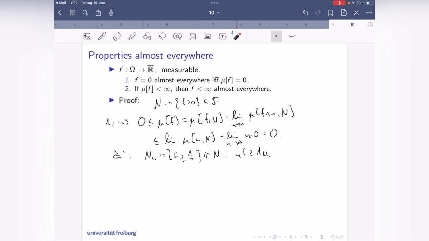And now I can write, well, I do know that mu integrated against f is 0. I know this by assumption.